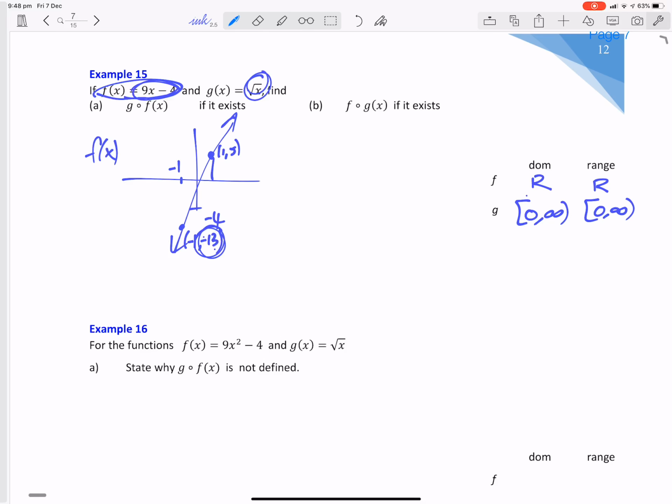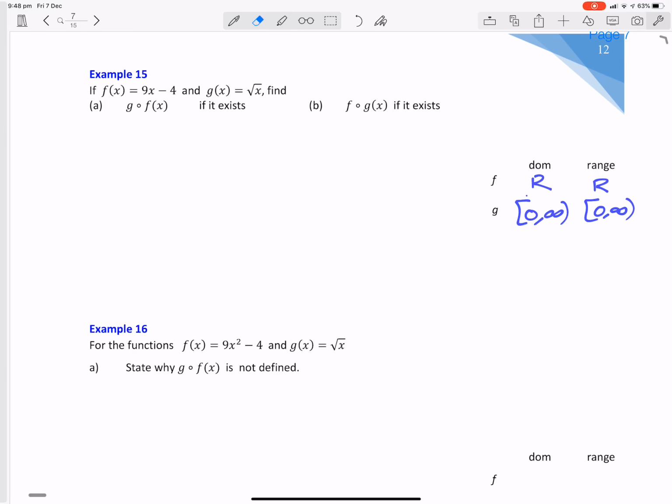It won't work. You can't square root a negative number. So that's why g of f doesn't exist, because f produces negative numbers and we can't square root negative numbers. If f only produced positive numbers, then this would definitely work, but it doesn't because f produces negative numbers. So that's why g of f doesn't exist.